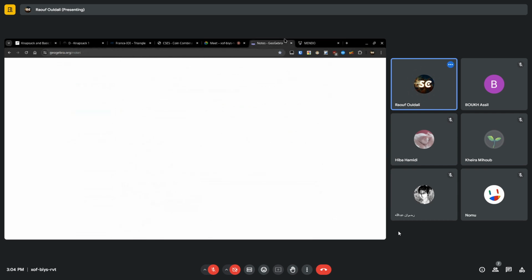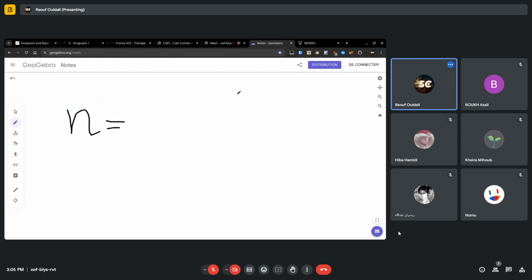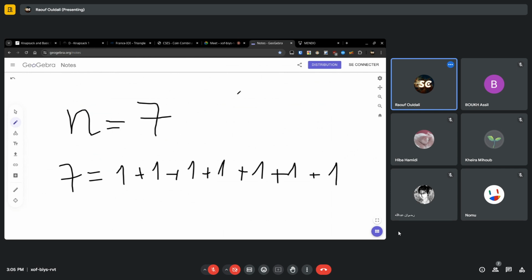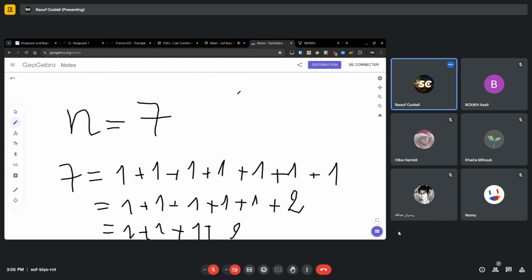So let's look at the problem. For n equal to 7, for example, 7 is either equal to 7 ones, or this.